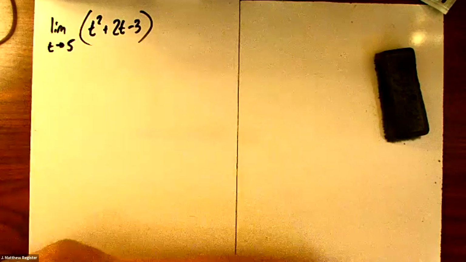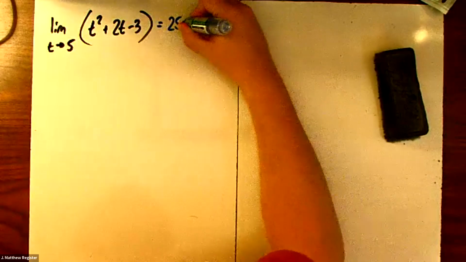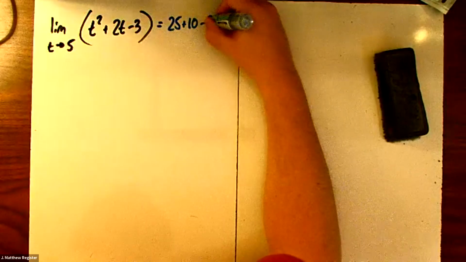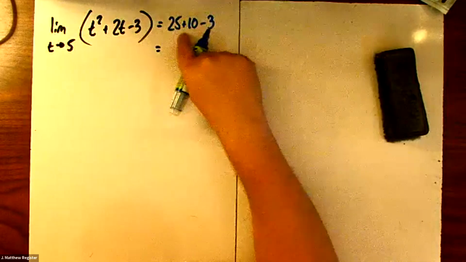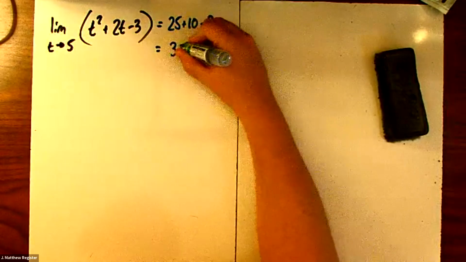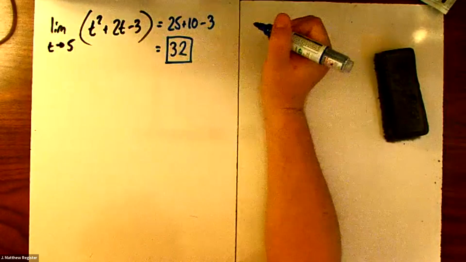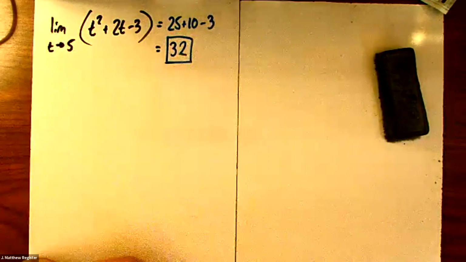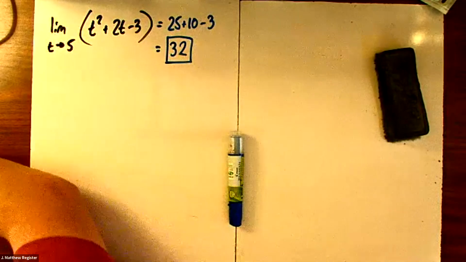When we take 5 and plug it in, we get 25 plus 10 minus 3. 25 and 10 is 35, minus 3 is 32. Double check my numbers. I don't feel comfy with numbers.